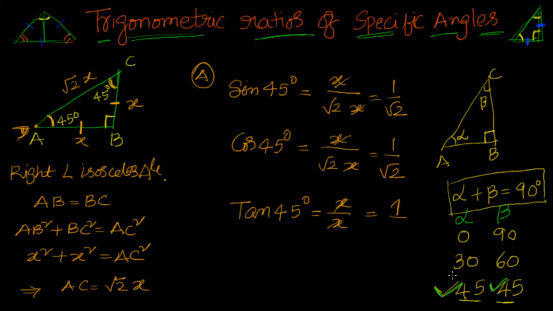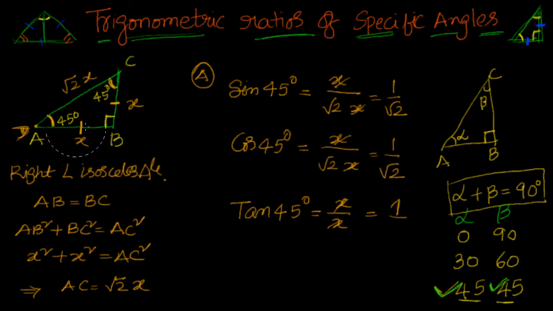Let's not celebrate. Let's continue to the next one also. Are you with me? I'm going to erase this. Before erasing, I just want to summarize what we did. We found that alpha and beta are complementary to each other. Then we took different values for alpha and beta. We found that if alpha and beta are equal to 45 degrees, then I can find out all trigonometric ratios of 45.